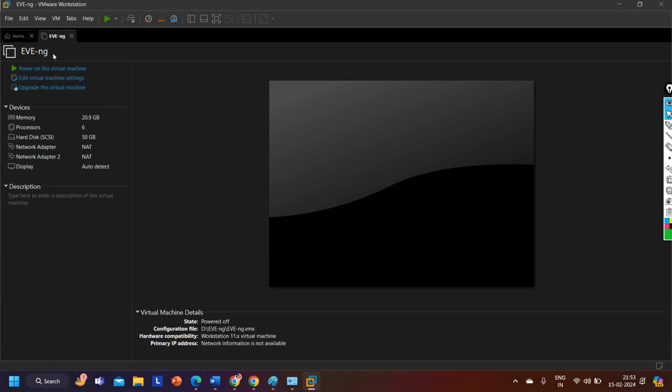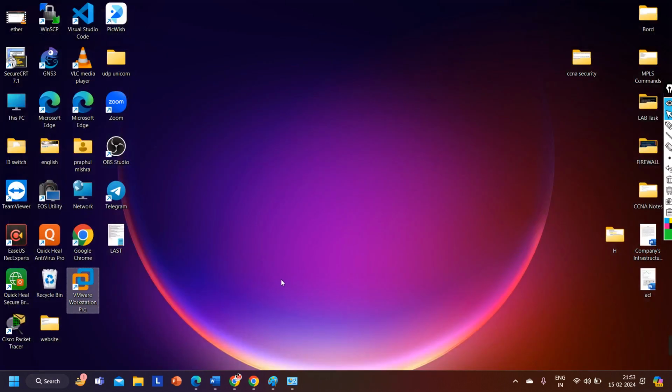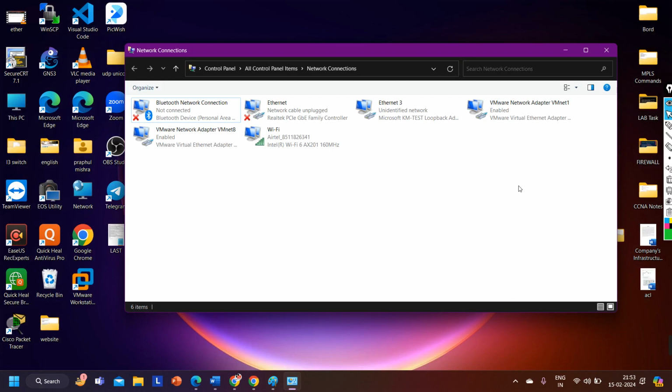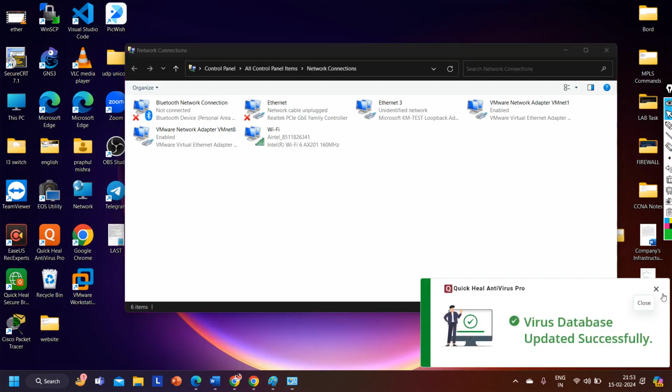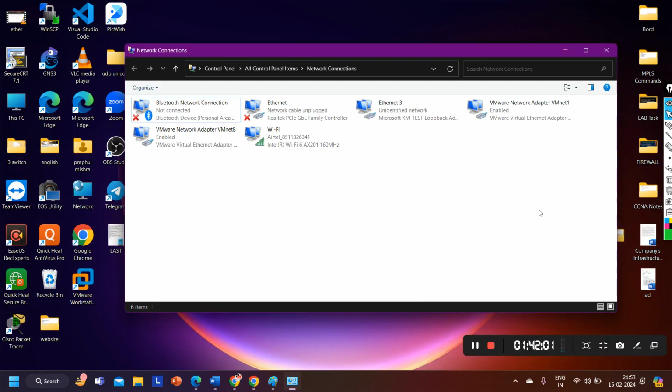EVNG is also one kind of operating system. I am running EVNG as well as Windows both on a single hardware, with the help of virtualization. So that's why we have multiple NICs here. Few are virtual NICs, few are physical NICs. Getting my point? Clear?